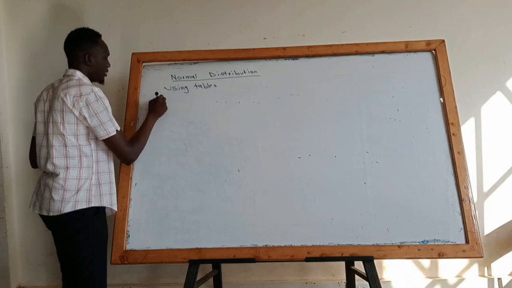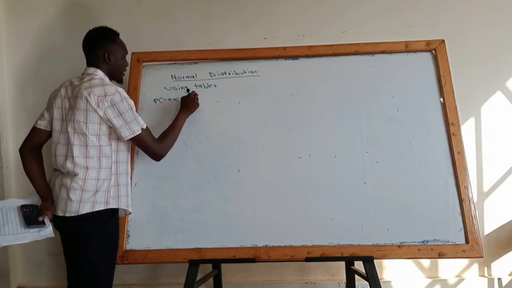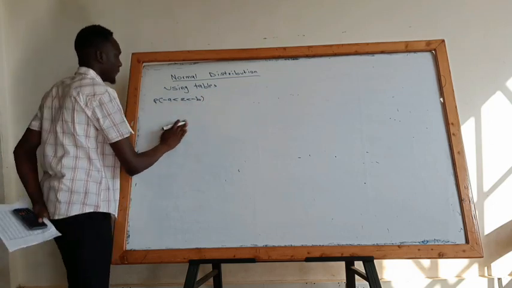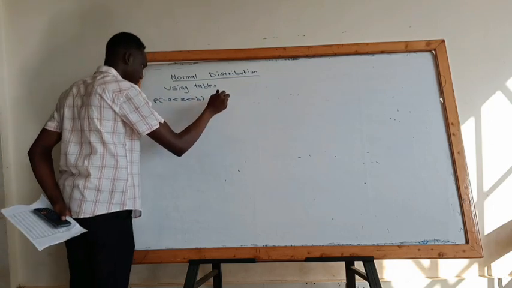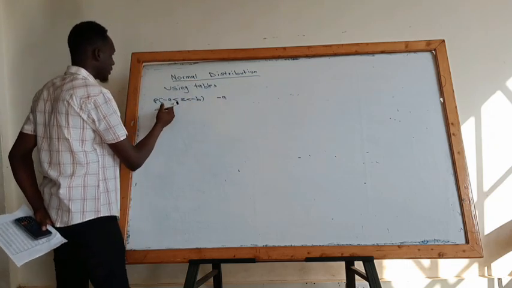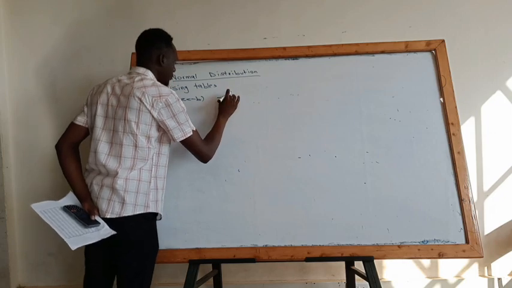We have the probability of negative A less than Z less than negative B, where negative A is greater than negative B.